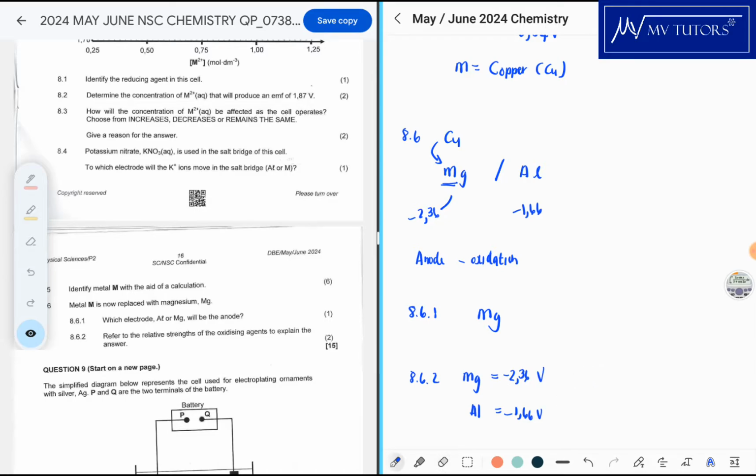Its ability to oxidize is much stronger. I don't know how to say it in nice English, but the strength of its oxidizing, or it being able to oxidize effectively, is way better than aluminium. You'll put it in nice words. I need to rush. We're done with question 8.